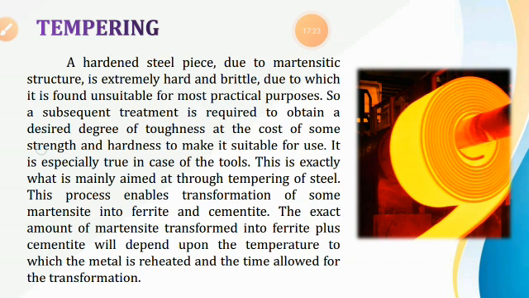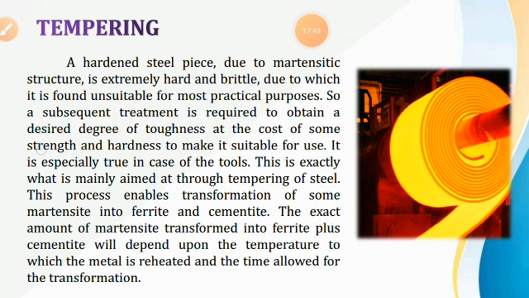This process enables transformation of some martensite into ferrite and cementite. So martensite is related to brittleness and hardness, and this ferrite and cementite is related to being somewhat ductile. The exact amount of martensite transformed to ferrite plus cementite will depend upon the temperature.